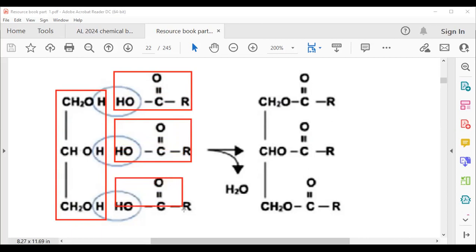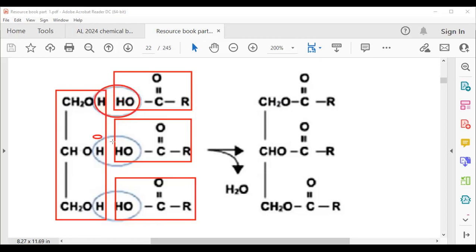Three. R is representing the hydrocarbon chain.